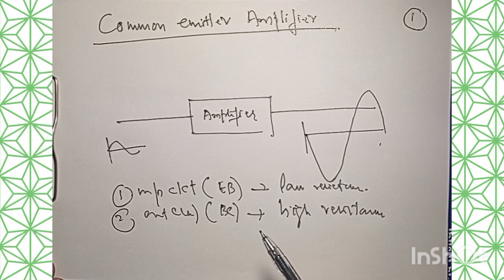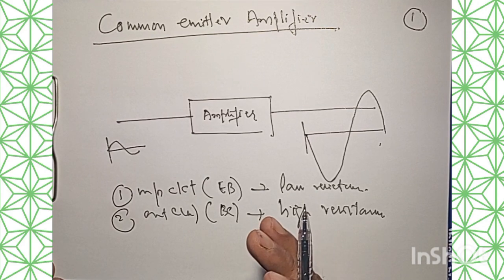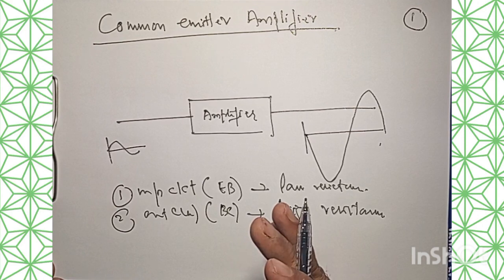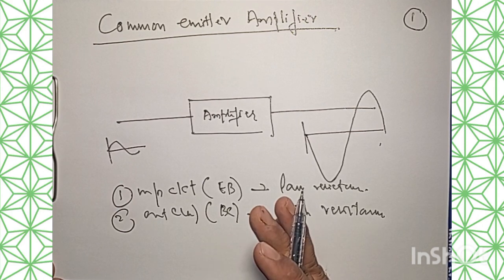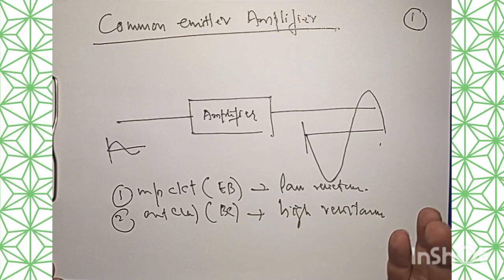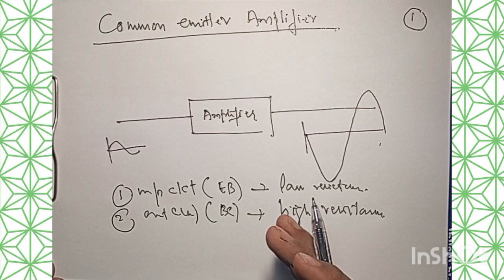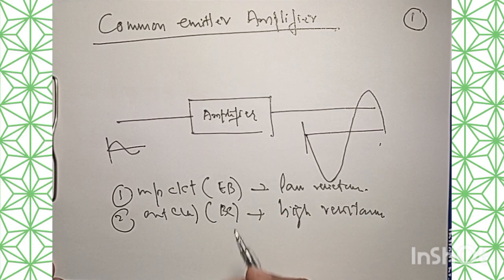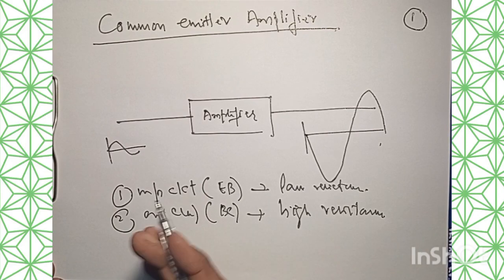Because of this, in a transistor we have a transfer of the input signal current from a low resistance circuit to the high resistance circuit. So this fact is basically responsible for the amplifying capability of the transistor. So this is the mismatching of the resistance between input circuit and output circuit.